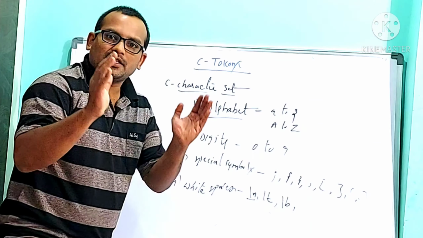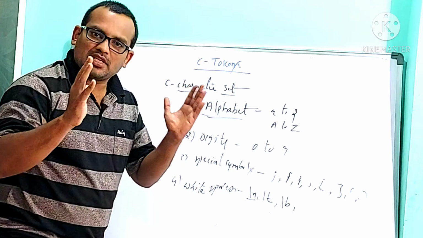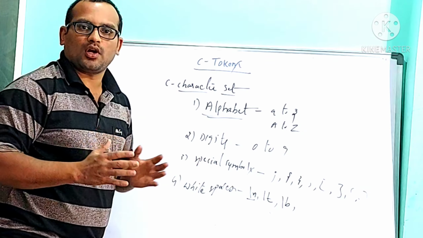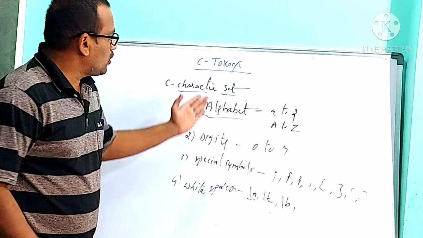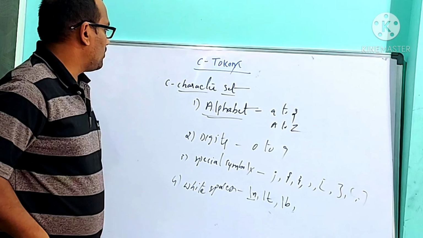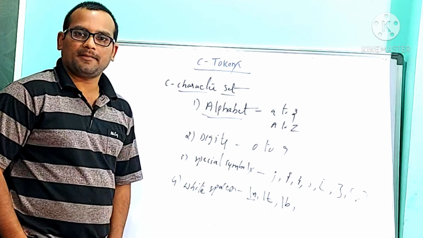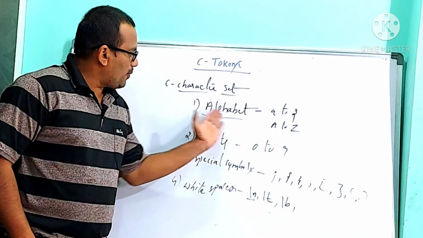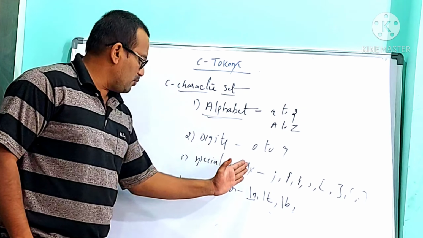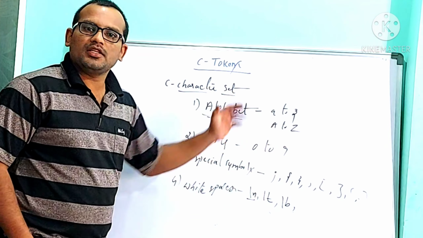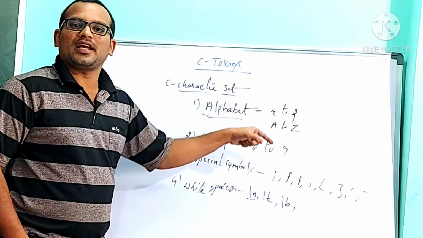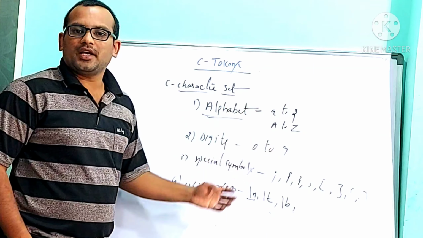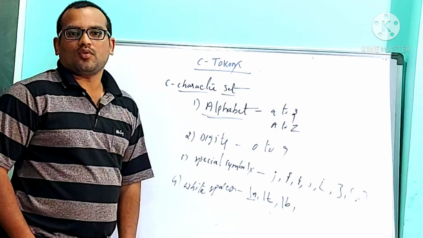So, to write a C program, C++, Java, or Python program, we need to use all these four types of character sets. Alphabets, digits, special symbols, white spaces, all these come under character set because we are going to use all these characters to write a C program or any program.